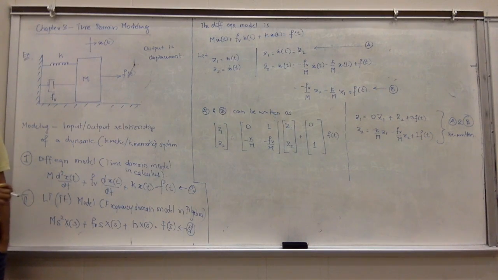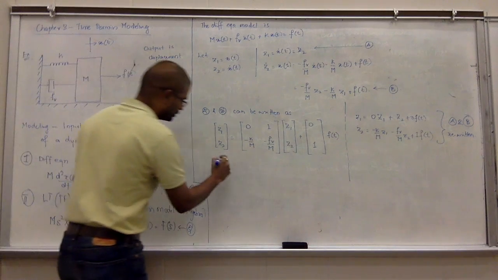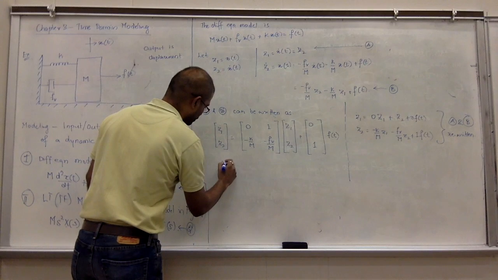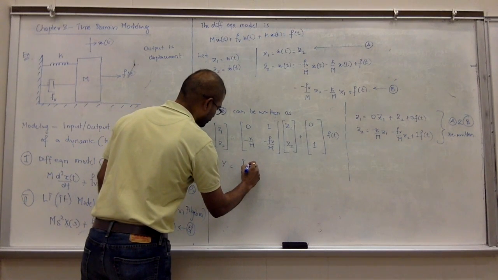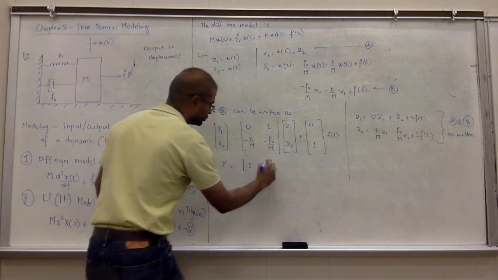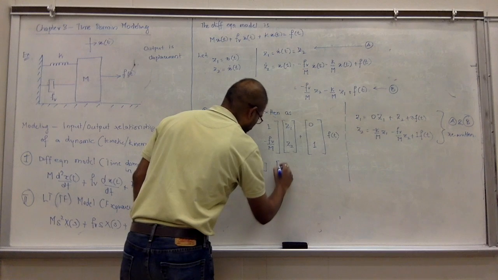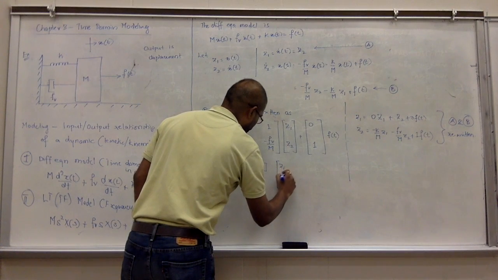Output is nothing but what you're trying to measure in a system, what you're interested to measure. If it is that, your output equation becomes simply y is equal to 1, 0.